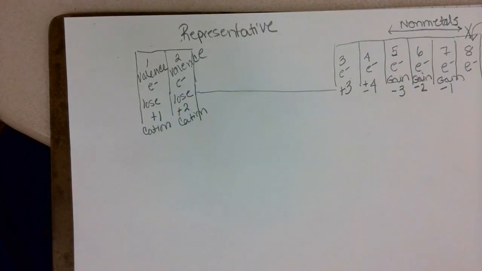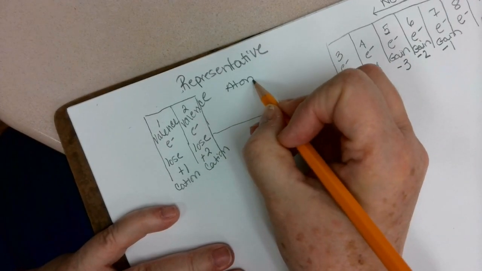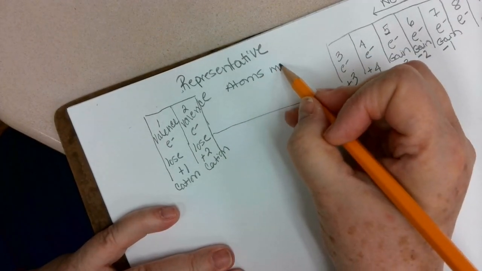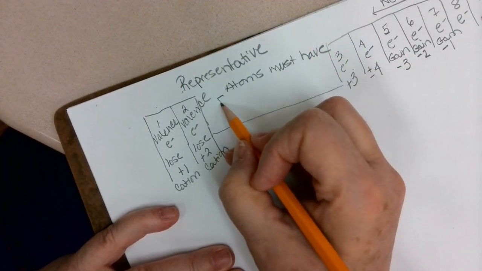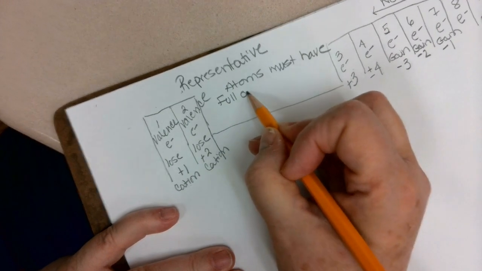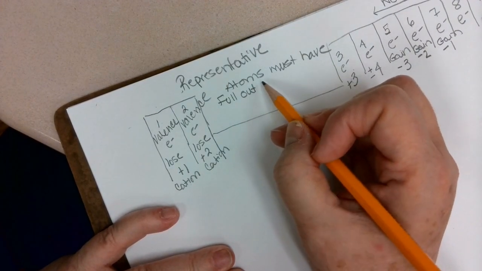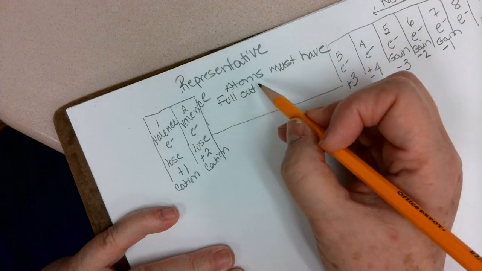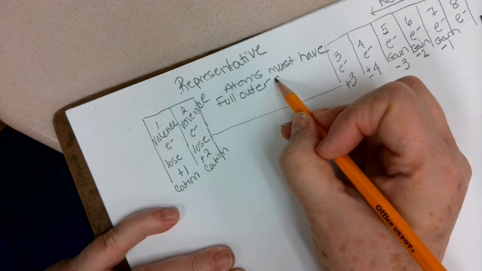And the whole purpose of this is for the octet rule. The octet rule simply says atoms must have full outer, and I can never remember if that's one T or two, because two T's would be otter, so this would be outer shells.